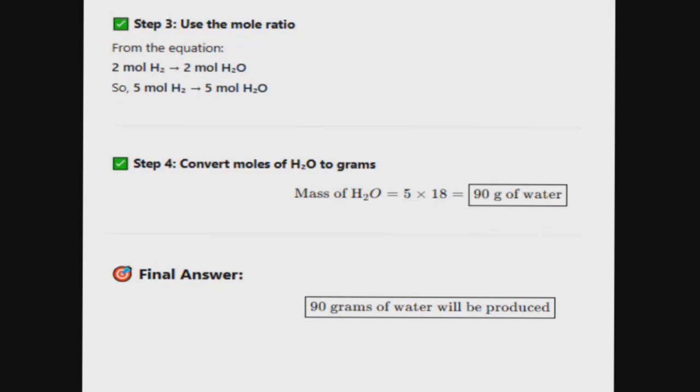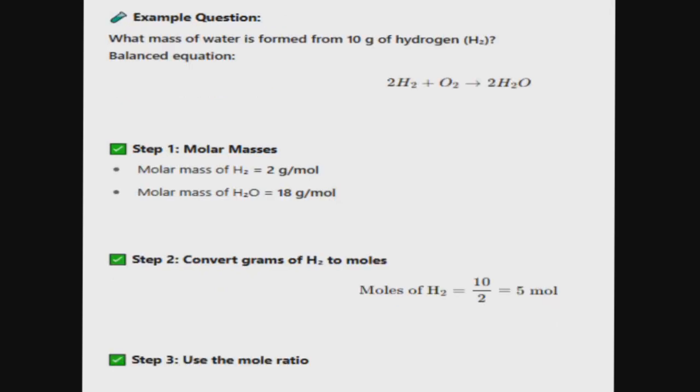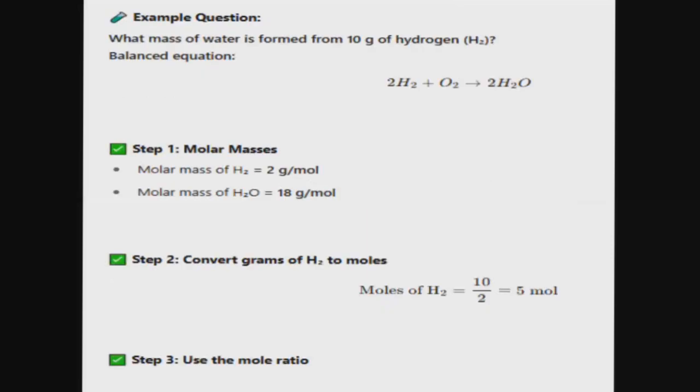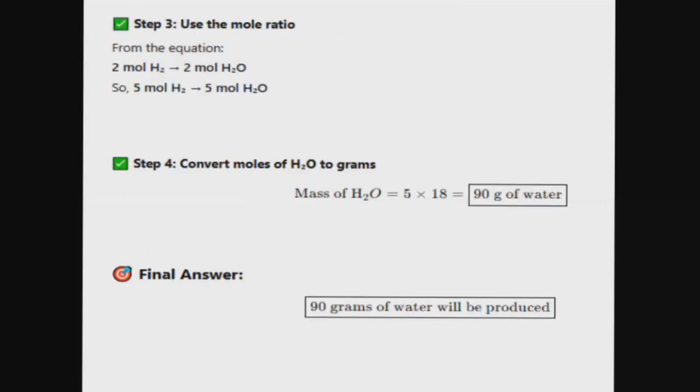So that's actually what step 4 is all about. Step 4 here from our question, we are not asked to leave our answer in moles. We know that 2 moles of hydrogen gives us 2 moles of water. 5 moles of hydrogen will give us 5 moles of water. But we are asked mass of water. We are asked to leave our answer in gram. I know that mass is measured in gram.